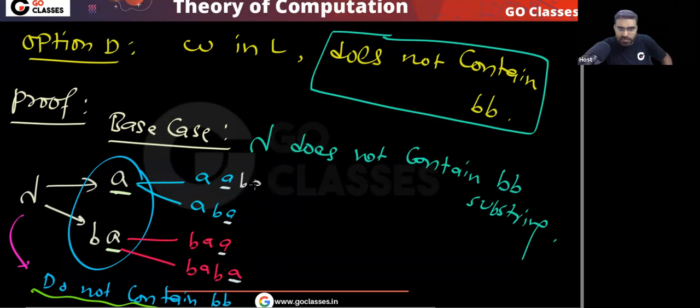If I end with BA, then also you cannot create BB. Is this point clear? So whatever you do, if you keep doing like this, you can never create BB, because you are always ending with A.